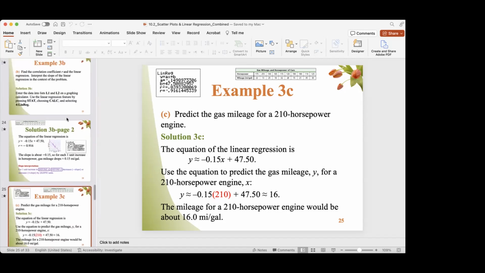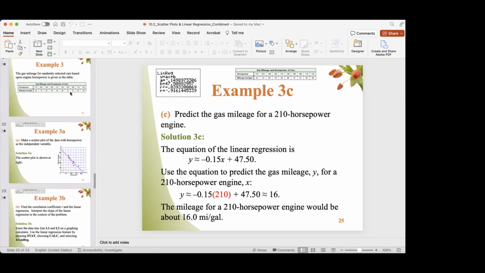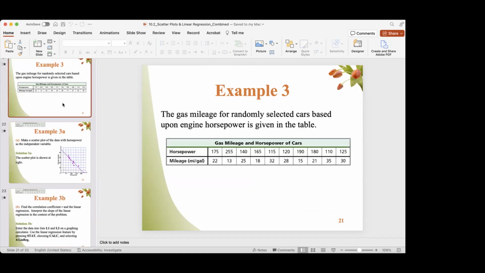Okay, let's go back to the, am I sharing my PowerPoint? The slides, yes, you are. Okay. Horsepower was list 1, which is our X. Mileage was list 2, Y. So you always have to know what the definition of X and Y is.